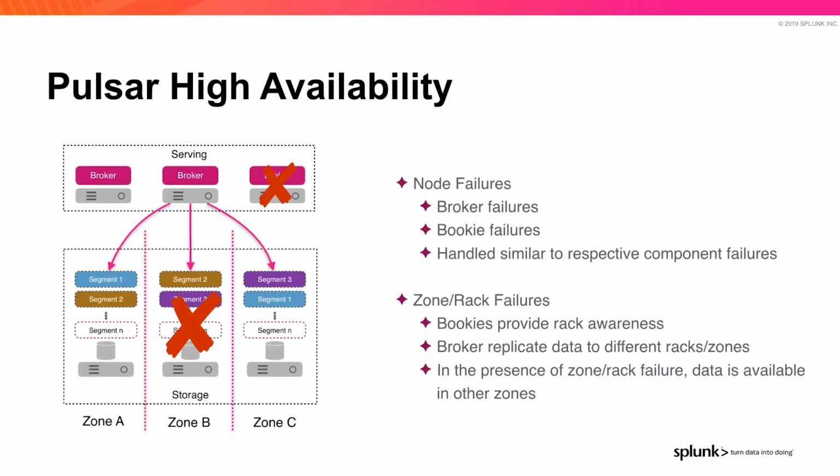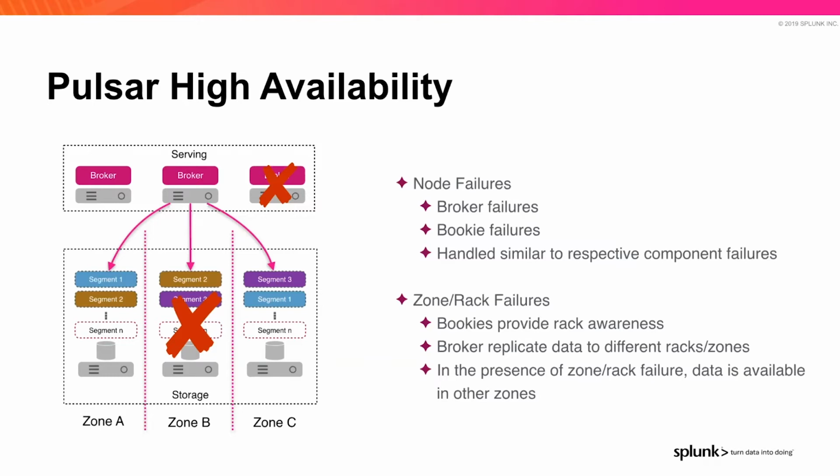Bookies provide us some kind of rack awareness. Using the rack awareness concept, we can bring up some nodes in zone A, some nodes in zone B, some nodes in zone C, and when the broker sends the replicas to the bookies, it will send to one bookie in each zone.